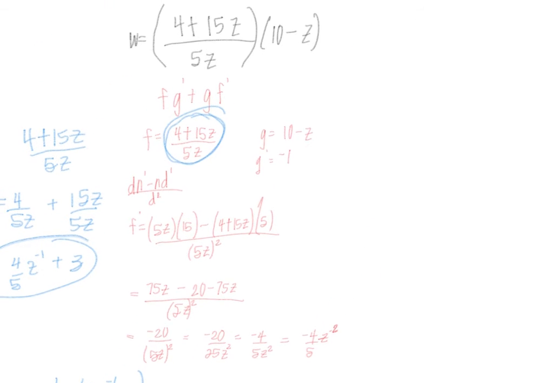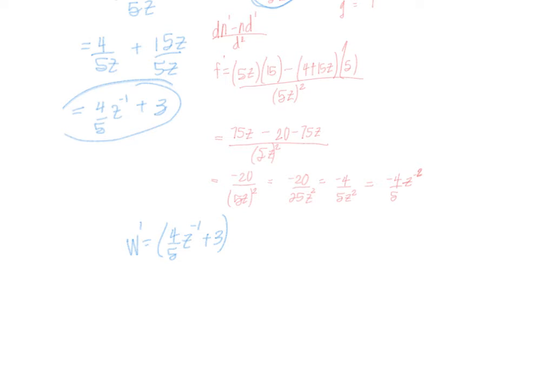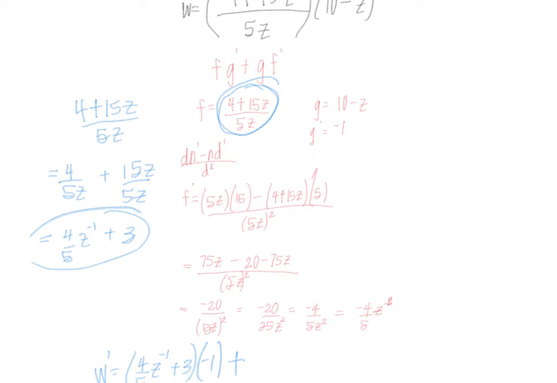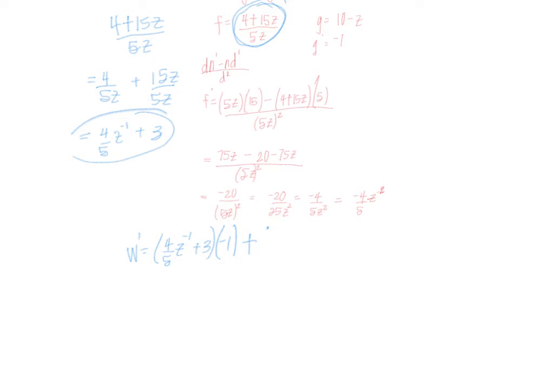Okay, derivative of the second, so that was negative 1. Plus the second, 10 minus z, times the derivative of the first.